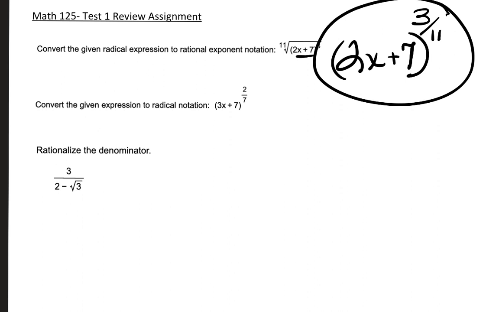So the second one, convert the given expression to radical notation. This is just going backwards. It's given to you as a power, and now we want to write this as an actual root. So what we have is 3x plus 7, okay, that's what we have.